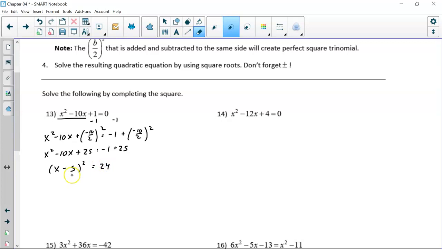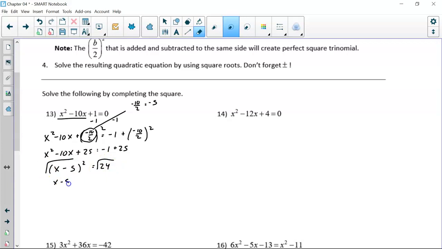Now the trick is that number, that negative 5, comes right from here, because negative 10 divided by 2 is negative 5. It's going to give us what that term is in the binomial every single time. So now, just like on the previous page, we take the square root of both sides.